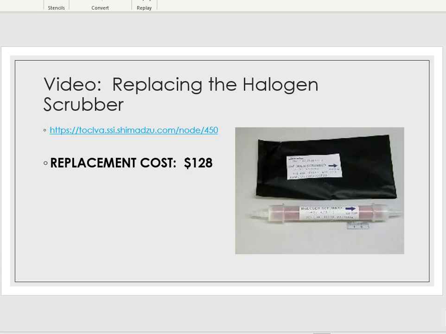Notice also in this picture, one of the reasons I like for you to see it is because the label in the front will have the arrow clearly depicted on it. So you know which end is up, literally, okay? So you'll know the flow direction. You'll know how to install this in the proper orientation. You just want to make sure that it matches the flow direction of the last one that you took out.